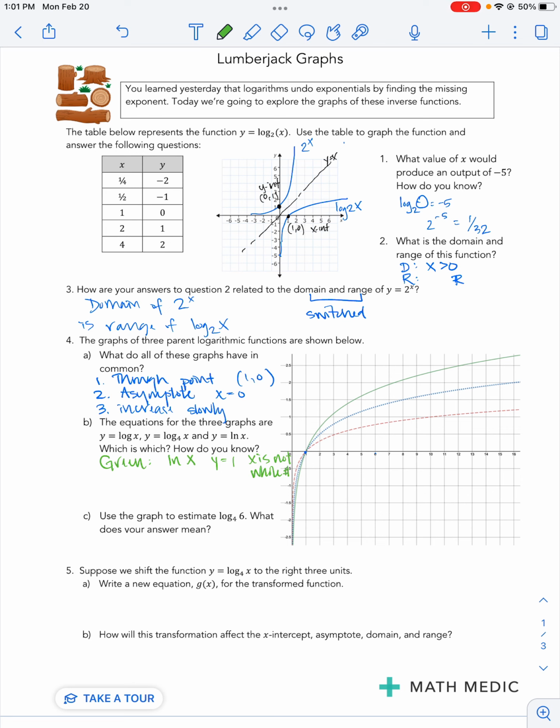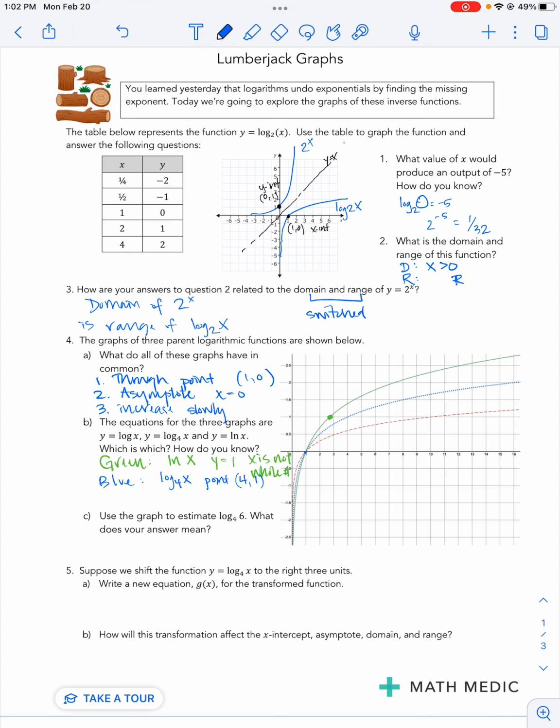Okay, now the blue graph is the dotted line of the graph of log base 4 of x. How do I know? Well, because of the point (4, 1). Now the red graph here is the graph of log x. How do I know?